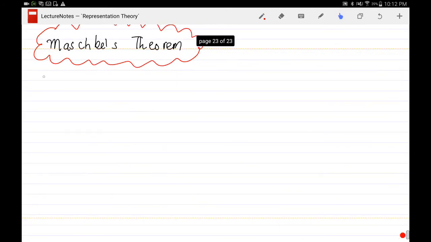So let G be a finite group. So this is the first instance in which we're now using the finiteness of our group. And this is also the first instance in which the fact that we have a field whose characteristic is coprime to the order of the group will come into play.